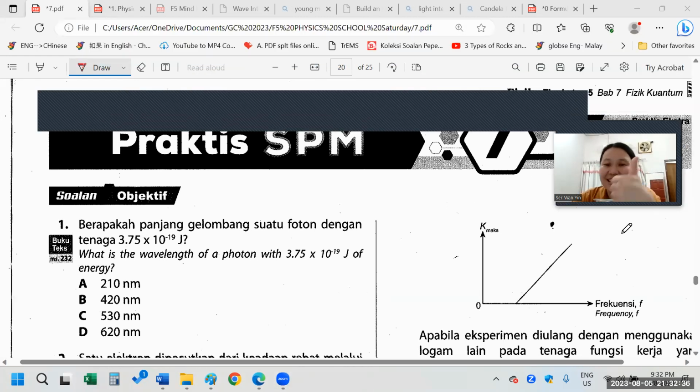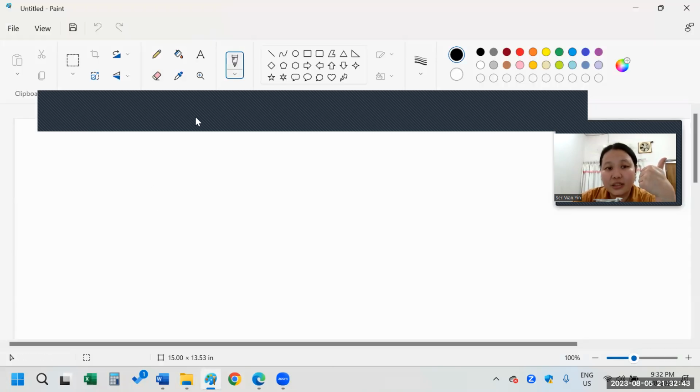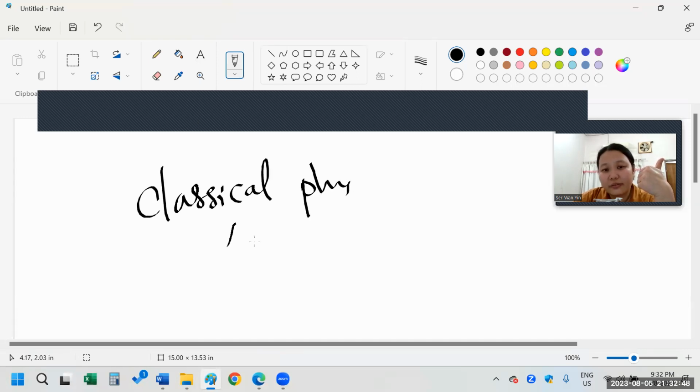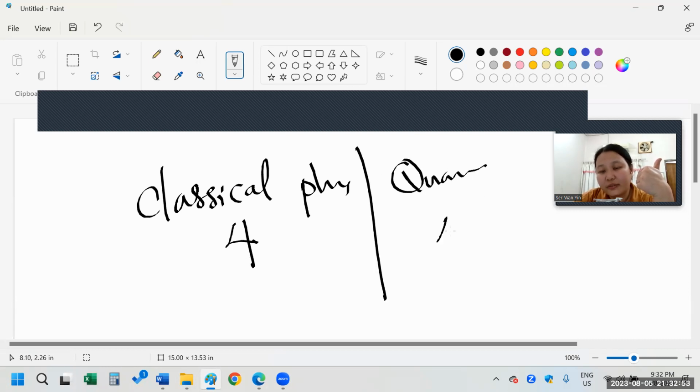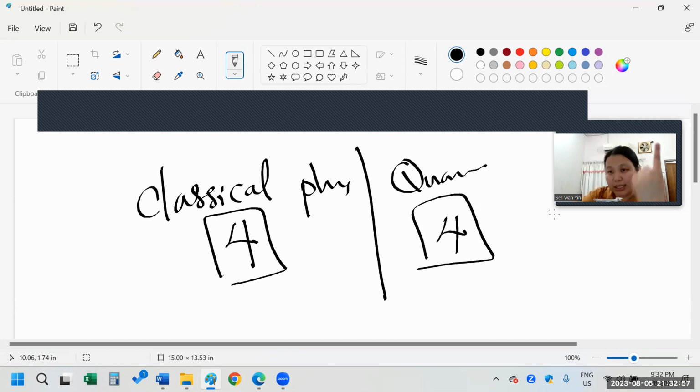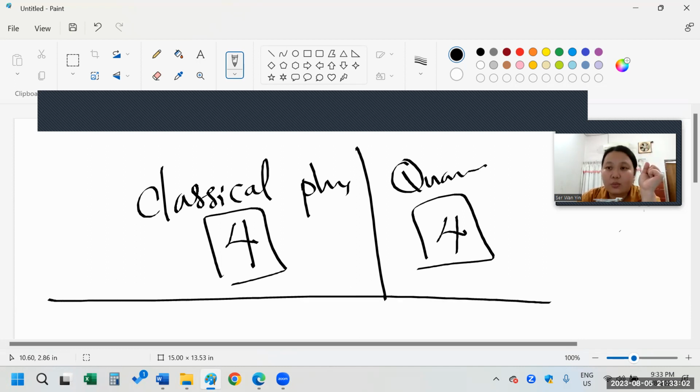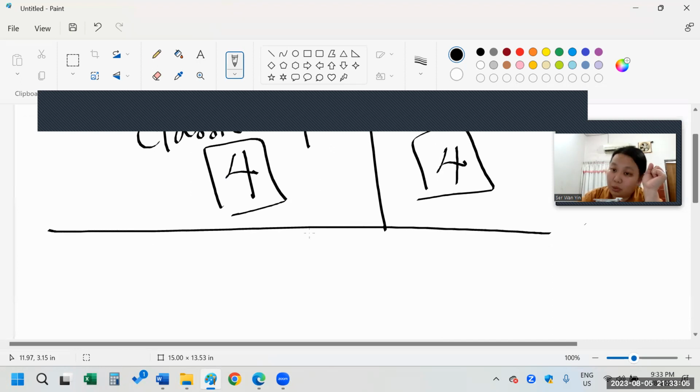So today what have you learned? You have learned classical physics, with 4 scientists, and quantum physics, with 4 scientists. Just remember one keyword from each of these 4 scientists. Then we learned formulas: E equals hf.